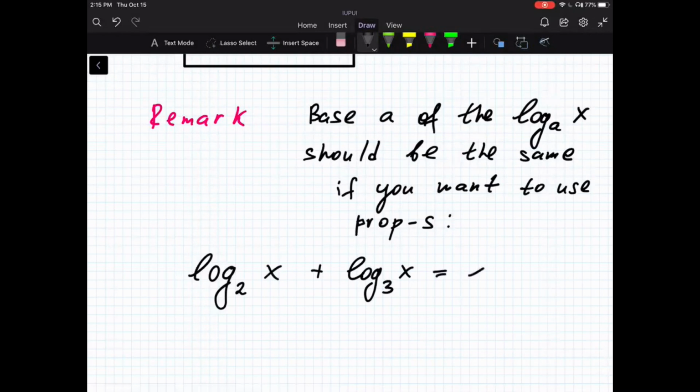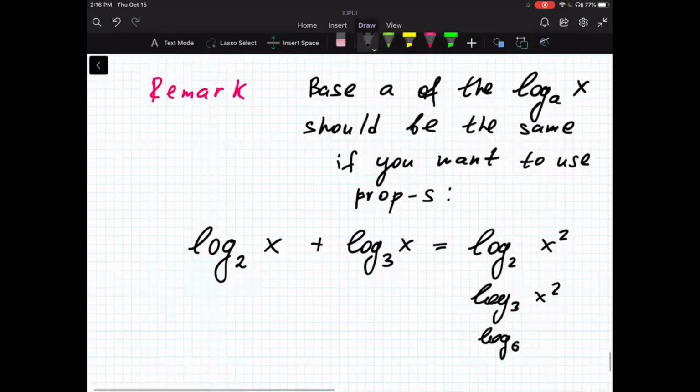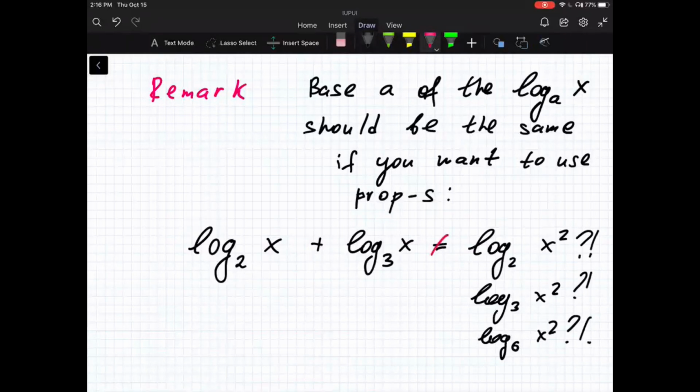You cannot write that it's logarithm of x squared, but what is the base? Is it 2? Is it 3? Or is it 6? The point is that it's none of these. So the base should be the same.